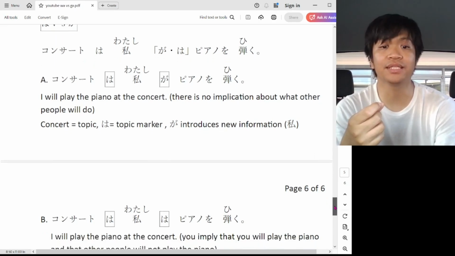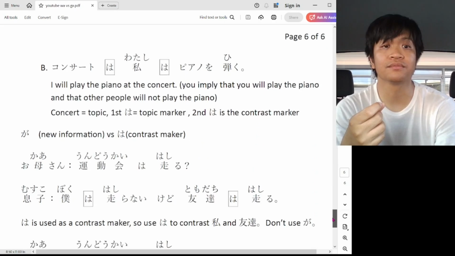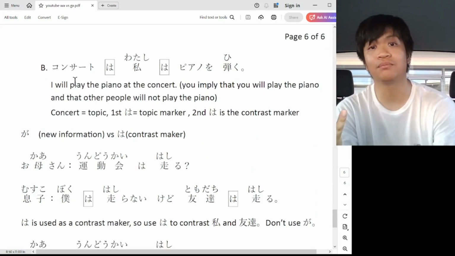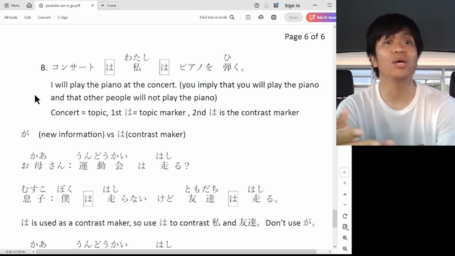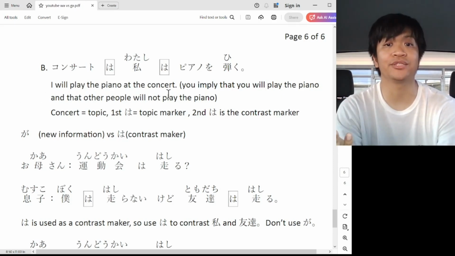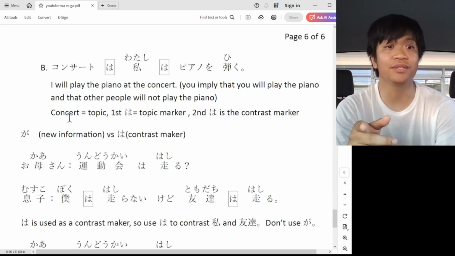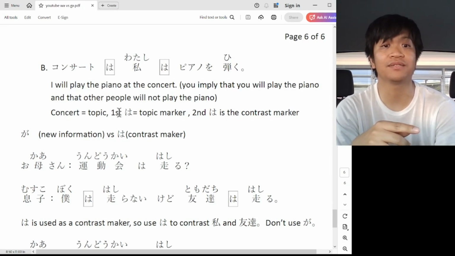But you can also say, コンサートは私はピアノを弾く. I will play the piano at the concert. But what's implied here is that you will play the piano and that other people will not. Here, concert is the topic. Wa, that's the first wa.